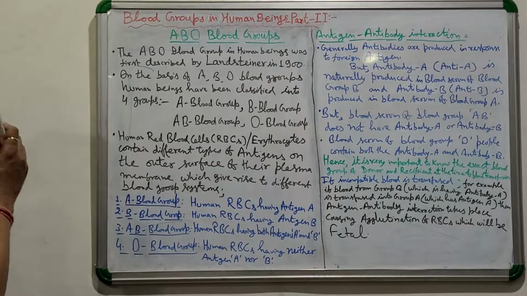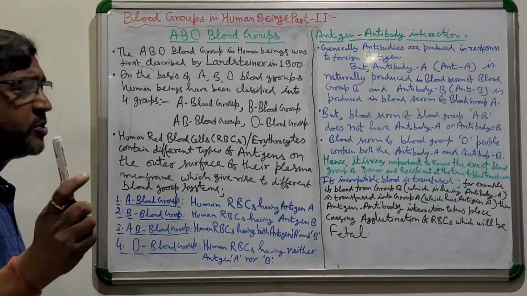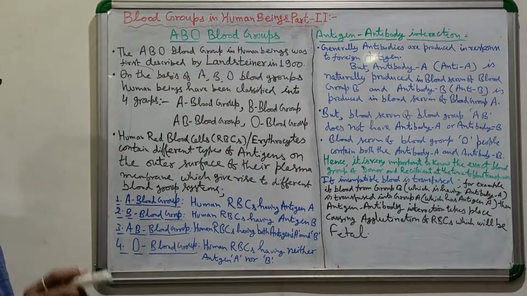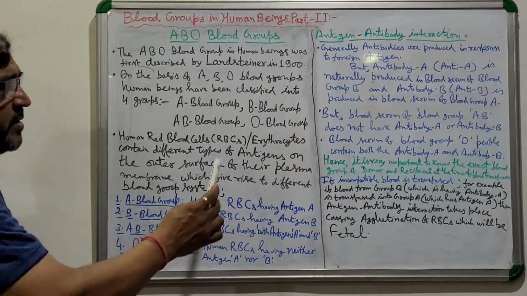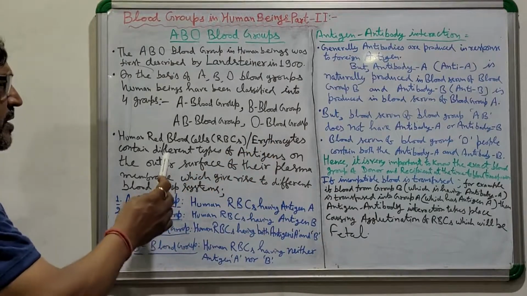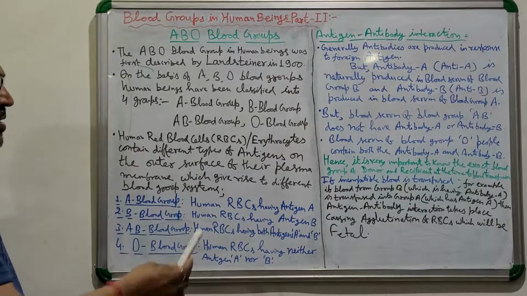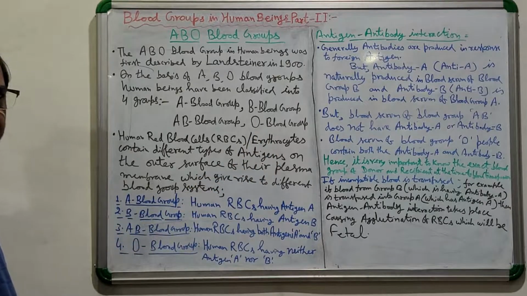Human beings have been classified into 4 groups. These are A blood group, B blood group, AB blood group, O blood group.